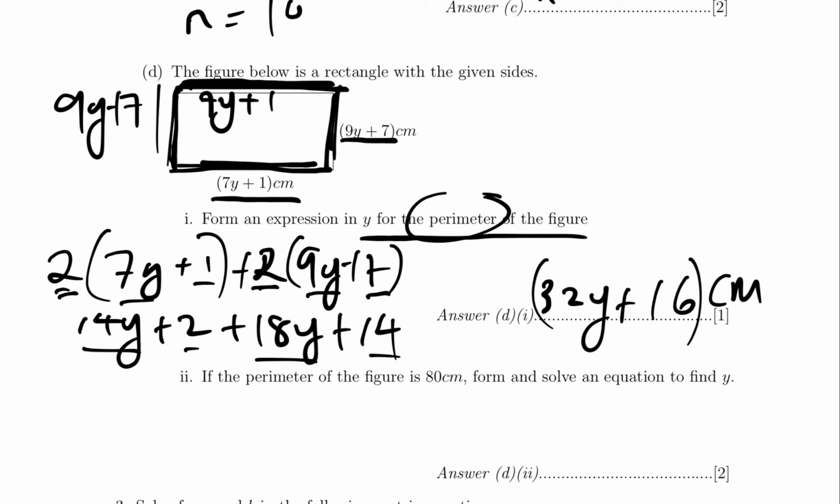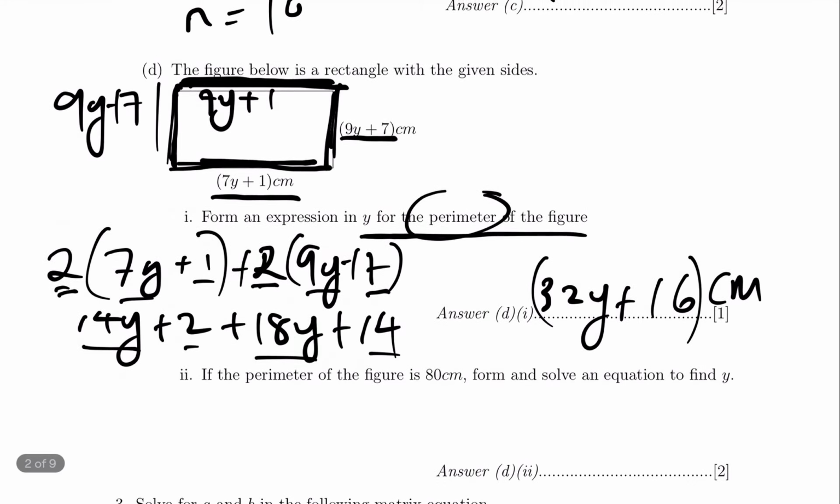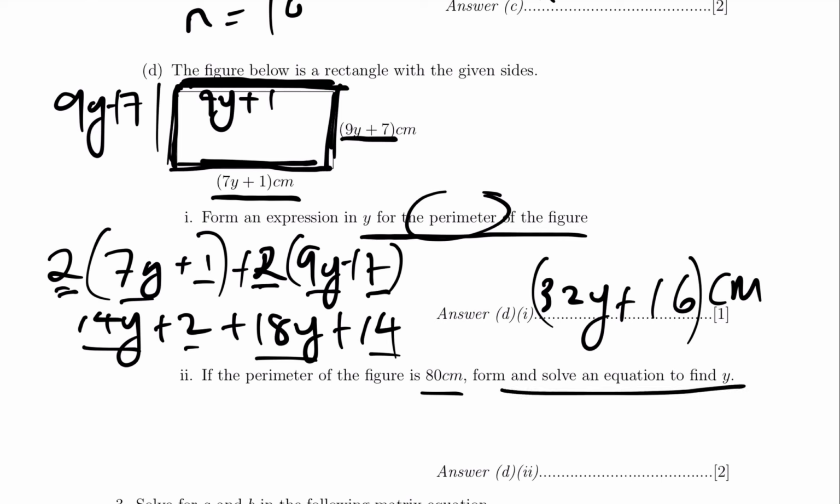Then we move on to figure 2, which says if the perimeter of the figure is 80 centimeters, form and solve an equation to find y. We've expressed the perimeter as 32y plus 16.